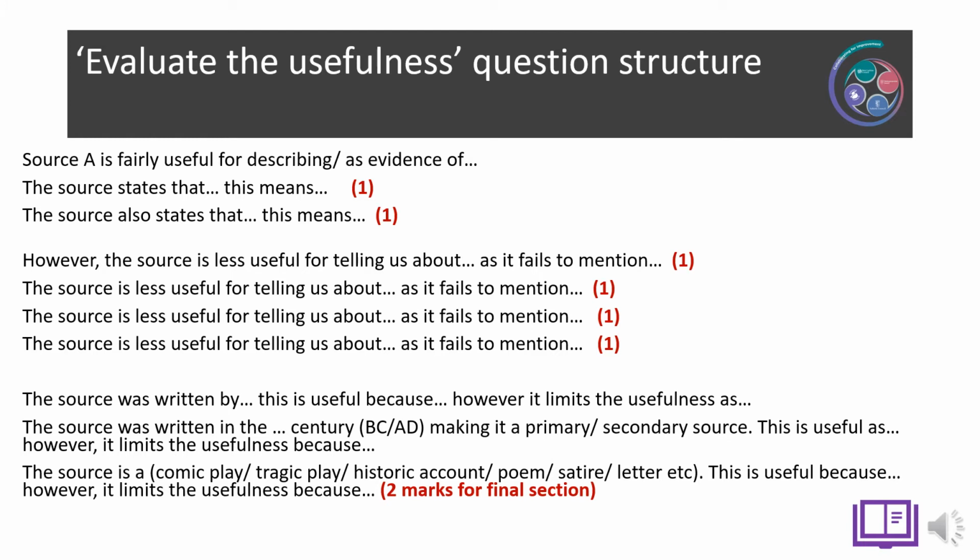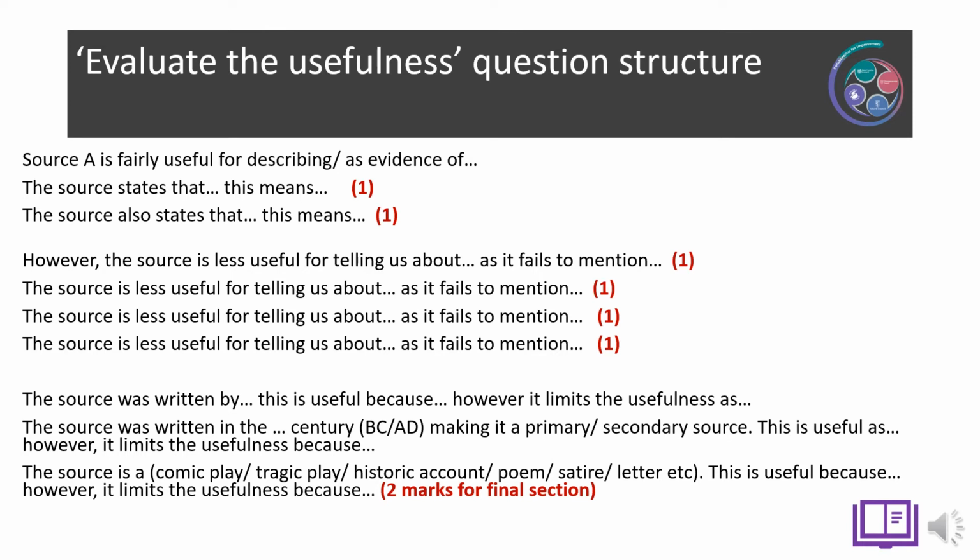Now for your final 2 marks. The source was written by, this is useful because, however, it limits the usefulness as. The source was written in the century BC or AD. This is useful as, however, it limits the usefulness because.